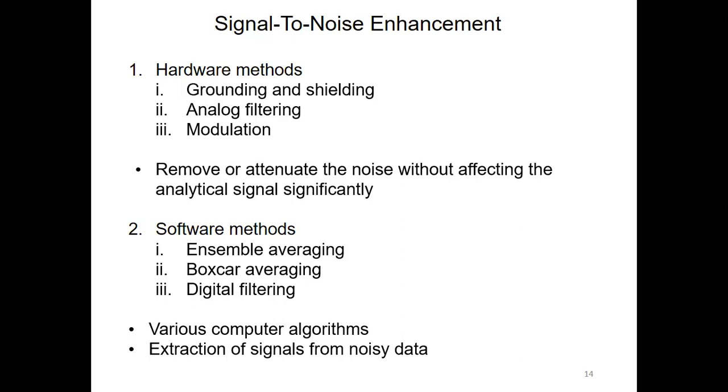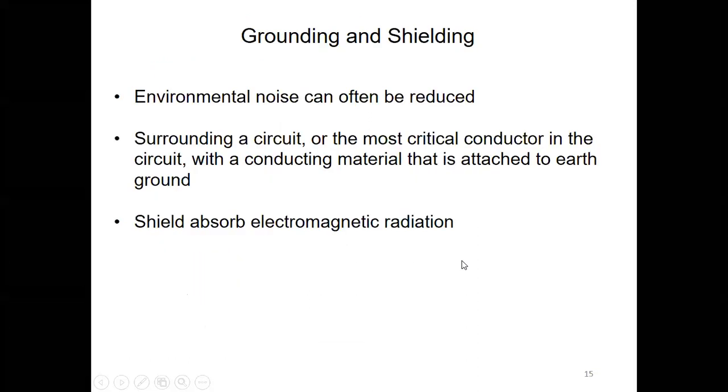So we are using different types of software or different types of computer algorithms to extract the signal from the noisy data set. Right? So let's discuss how we can do the signal to noise ratio enhancement using these different methods.